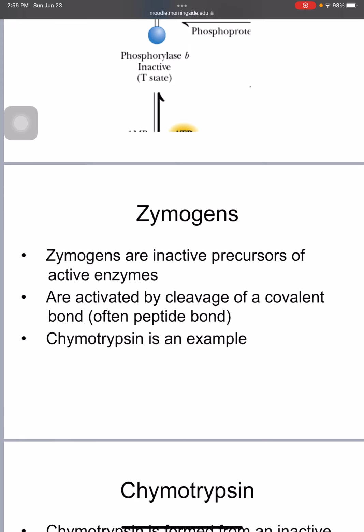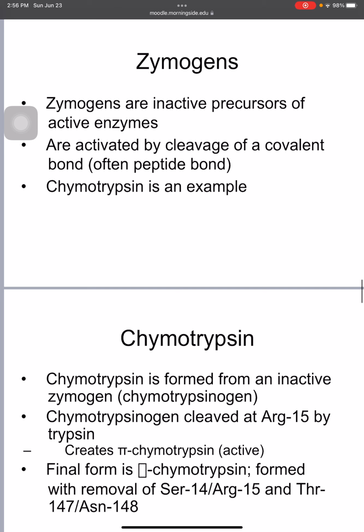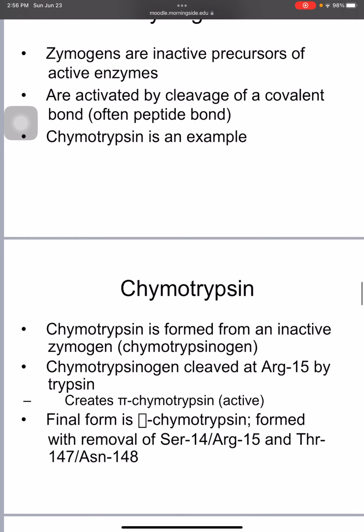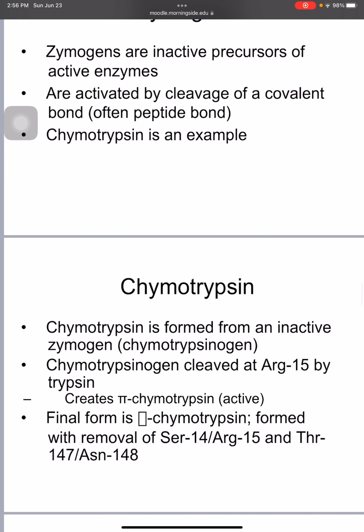Well, chymotrypsin is not always active. It only is activated when it needs to be. So let's take a look at this. First of all, let's take a look at the inactive form. The inactive form is actually not called chymotrypsin. It is called chymotrypsinogen, and it has not only a different tertiary structure, but also a different secondary structure and primary structure, right?